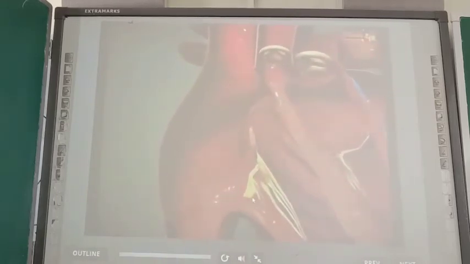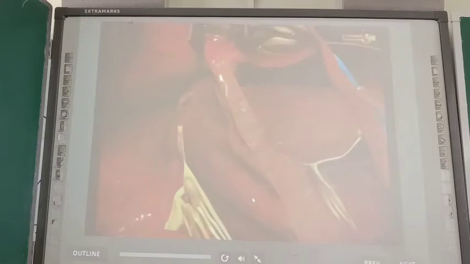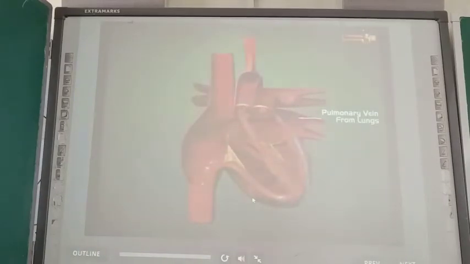A semilunar valve present at the base of this vessel guards its opening to prevent the backflow of blood into the heart. A similar arrangement of structures is seen on the left side of the heart also. Pulmonary veins carrying oxygenated blood from the lungs enter the left atrium.